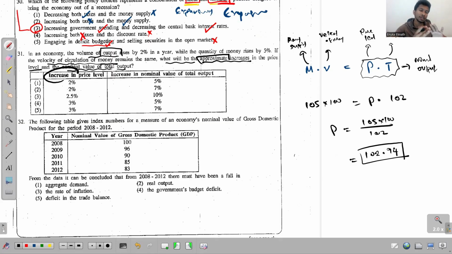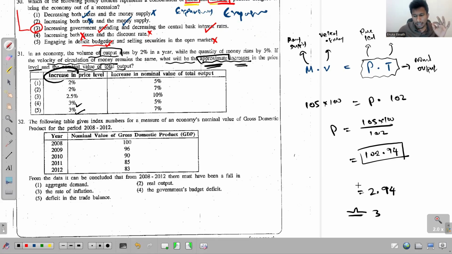So once again, you need to assume in the previous year, if it was 100, in this year it is 102.94. So the approximate increase is how much? Exactly, that is 2.94. So the approximate value is 3. So that's how we need to find this 3. Right? That's the precise way of finding this 3.